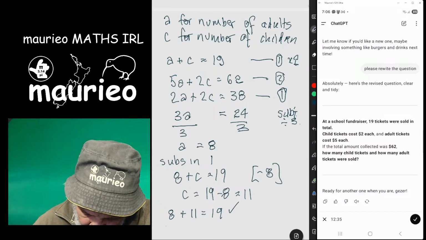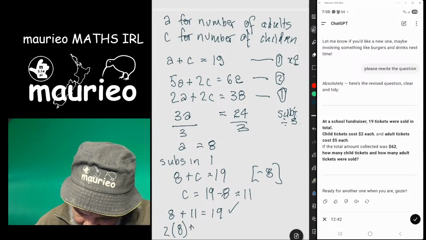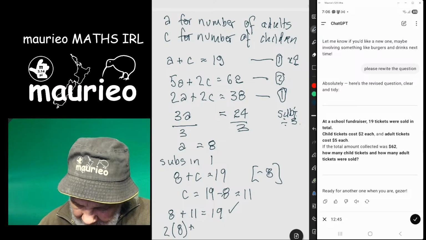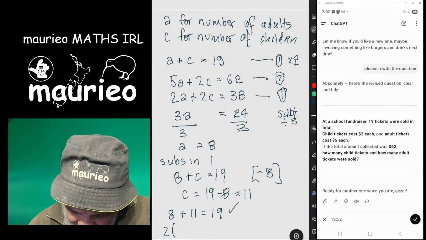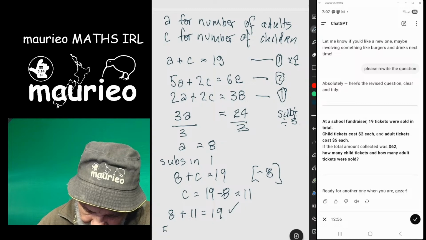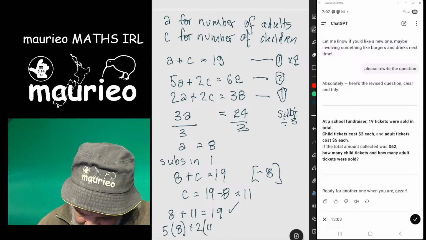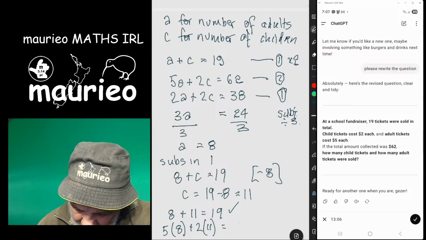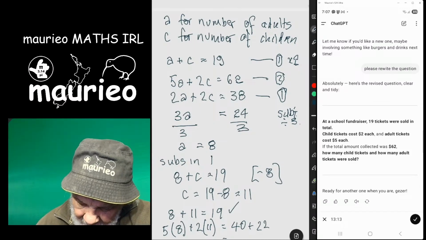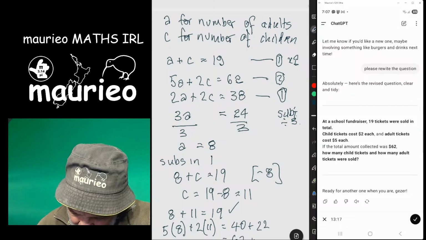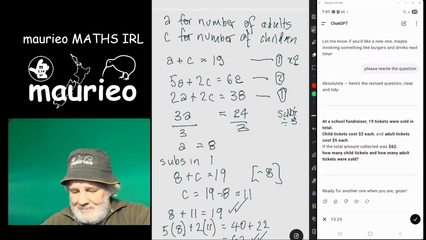And then let's do 5 times 8 plus 2 times 11, which equals 40 plus 22, and that equals 62. So yeah, they're both pretty good.